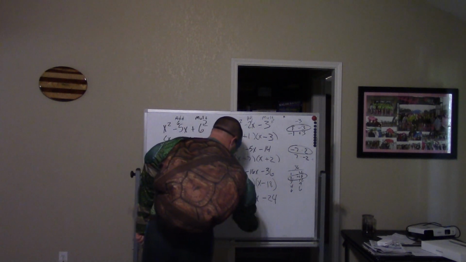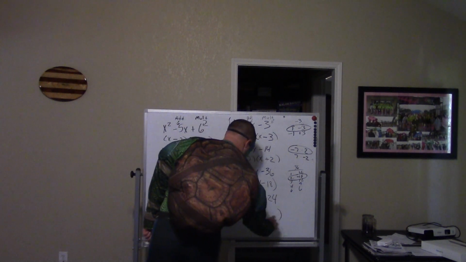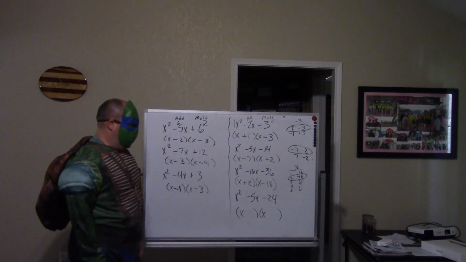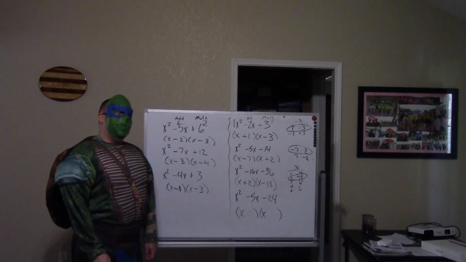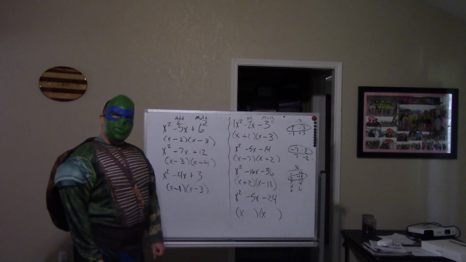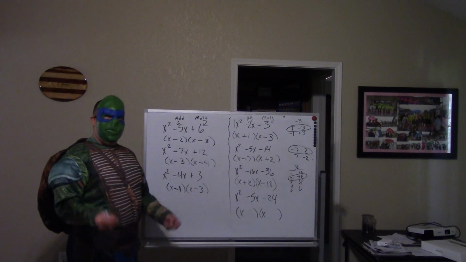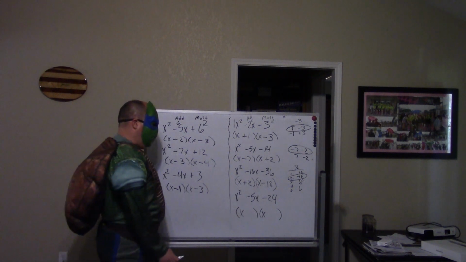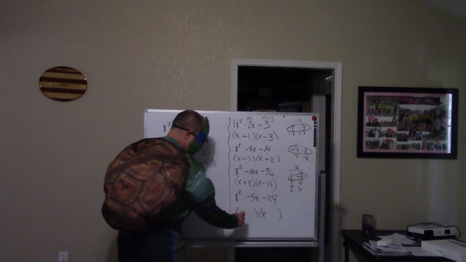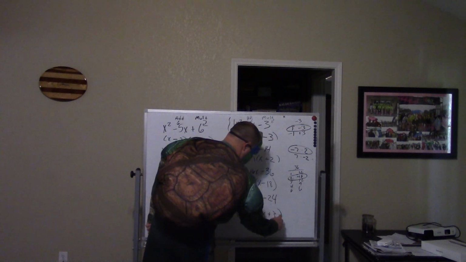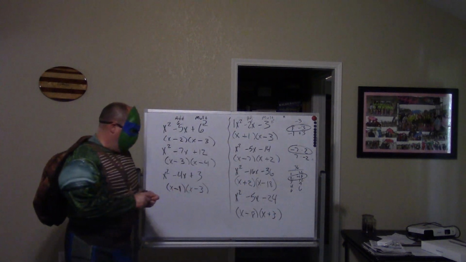So, x and x, I go ahead and write that down. Things that get negative 24, I've got 1 and 24, 2 and 12, 3 and 8. Oh, 3 and 8, that might be it. So, I've got negative 5, so that means I'm going to want the minus 8 and the positive 3.